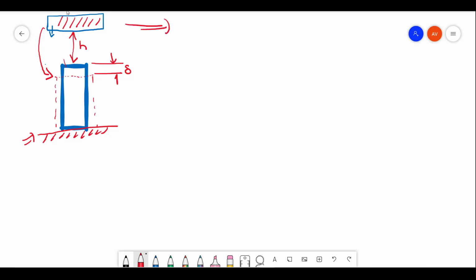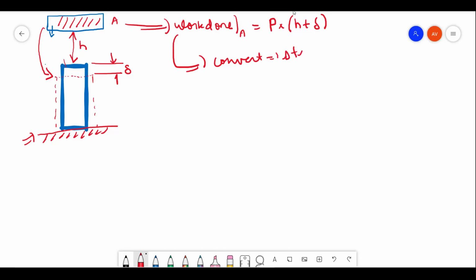Let's say the total work done by this mass, with the load being P, is P into the displacement, that is H plus delta. Now this work done is being converted to the strain energy of the rod or bar.